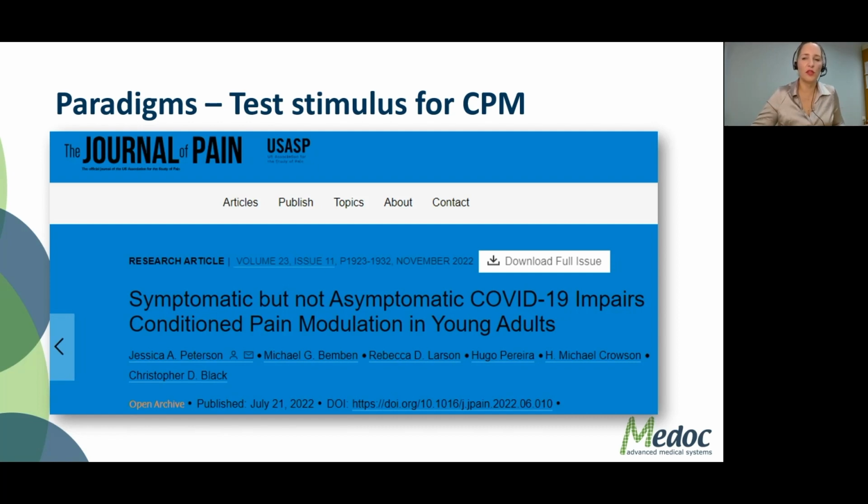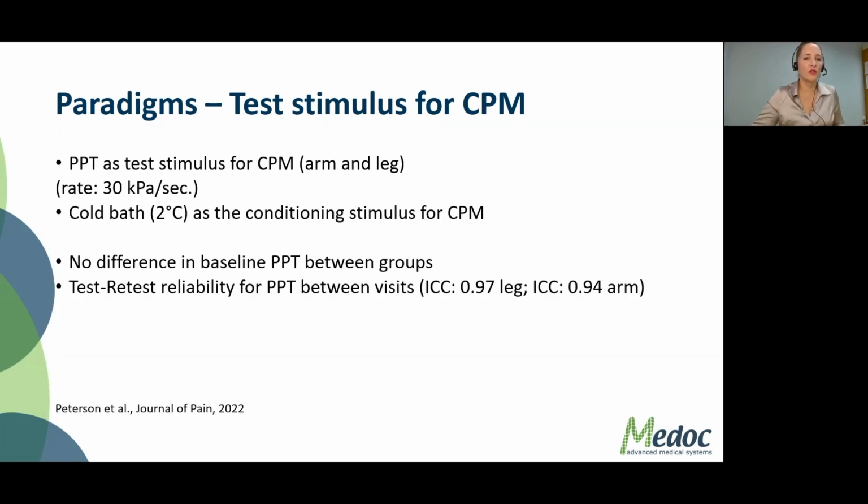And they had 3 visits within 7 days. And what they found is no difference in baseline PPT between the groups. So this is interesting, just to show that between the groups, control, symptomatic, asymptomatic, there was no difference in PPT. But in CPM, they found that those with symptomatic COVID had impaired CPM as opposed to those with asymptomatic COVID and control.